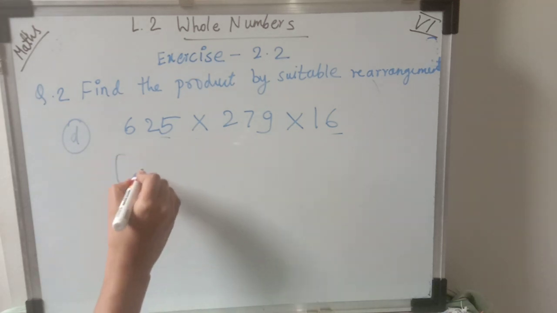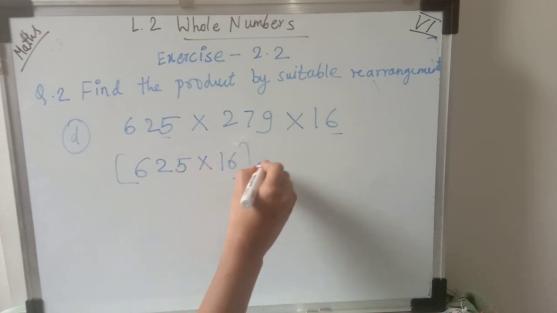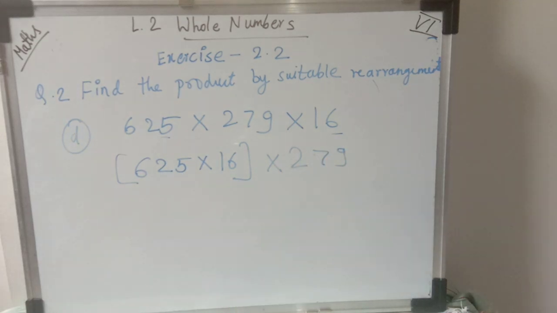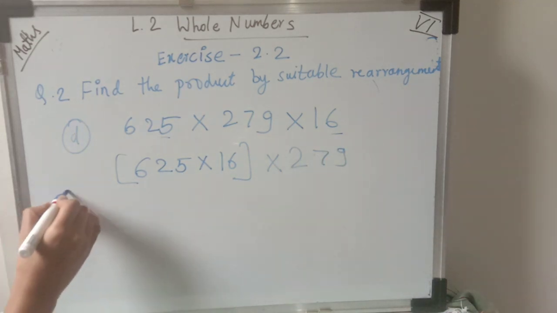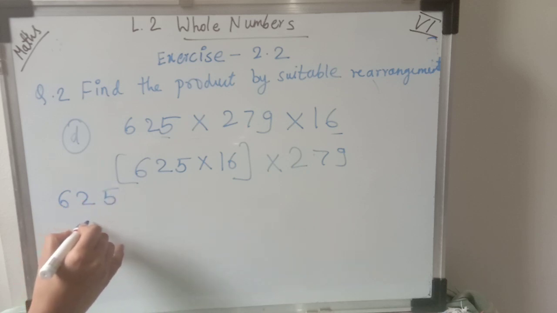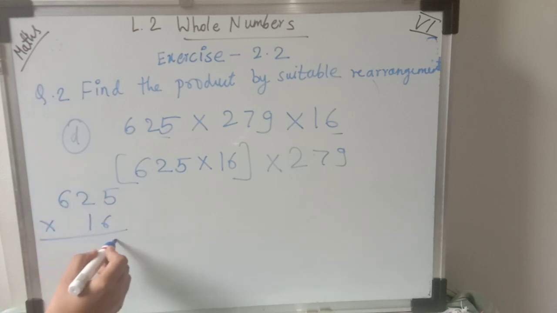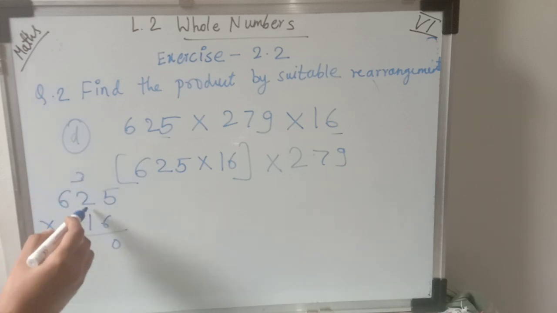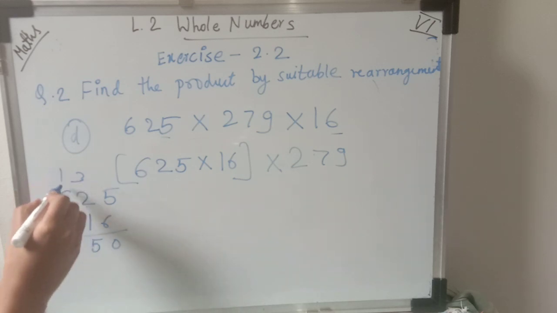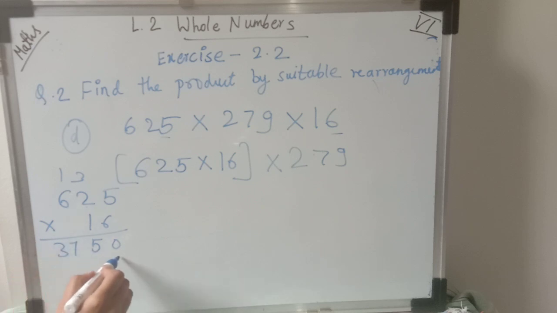So here in bracket 625 multiplied by 16, bracket complete, then multiply 279. Okay, now for your understanding, in the corner I will do the multiplication vertically. 16. Okay, 6 5s are 30, carry 3, 6 2s are 12, 12 plus 3 is 15, carry 1, 6 6s are 36, 36 plus 1 is 37, 0.